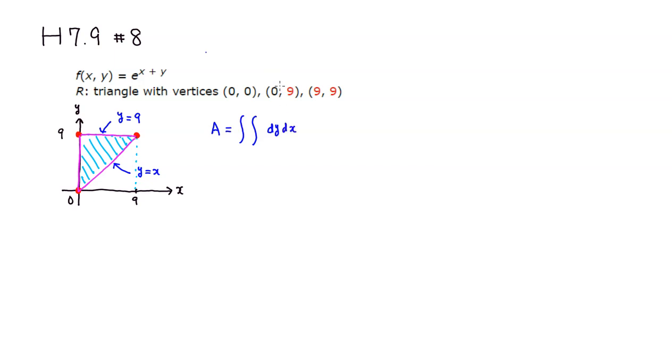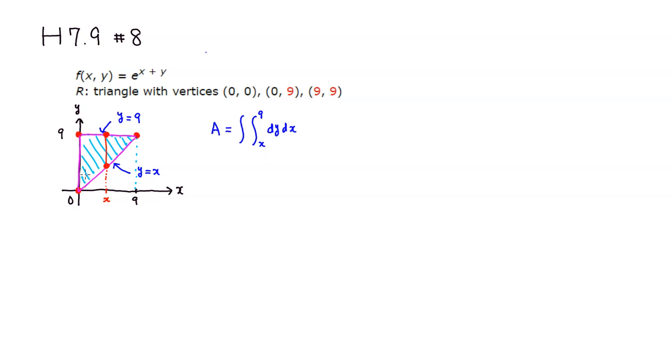So y is going to start from y equals x to 9. You fix the x value right here, and then you can see it's going to start from here to there, so that covers x to 9.